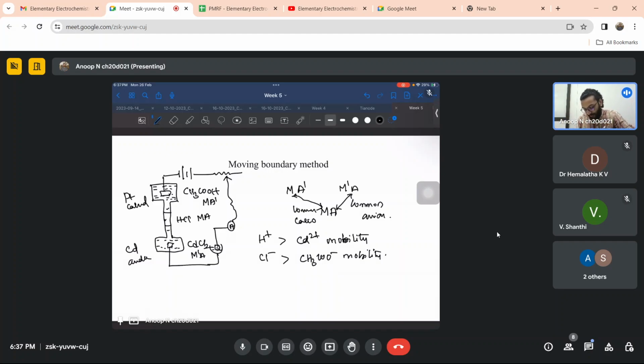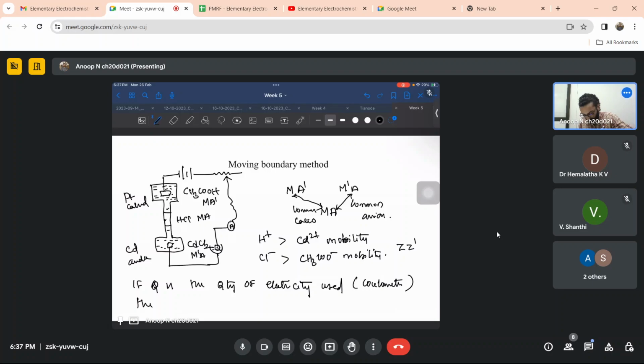H plus will move faster than Cd2 plus, and the boundary will move upwards. It will move up to a new boundary called Z dash. Using that, I will write that portion. If Q is the quantity of electricity used, I will find it out by the coulometer.